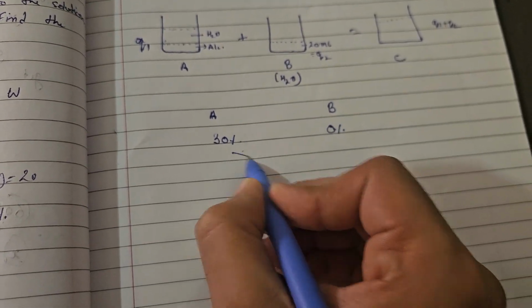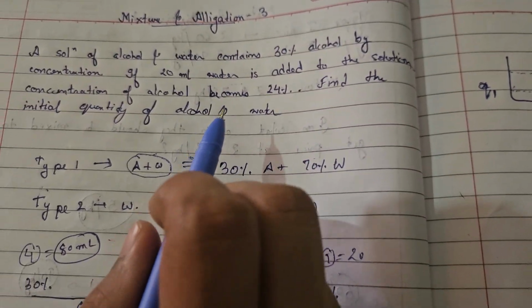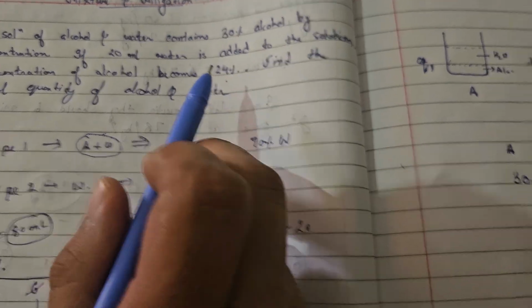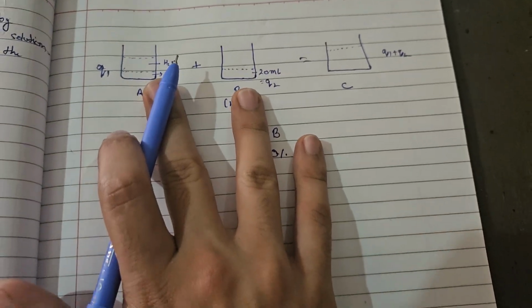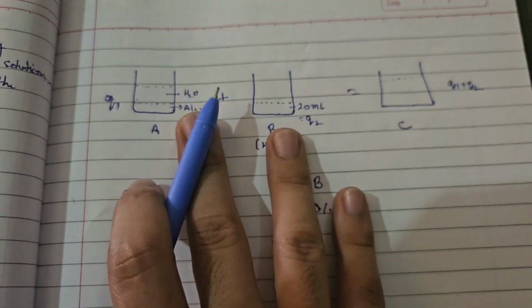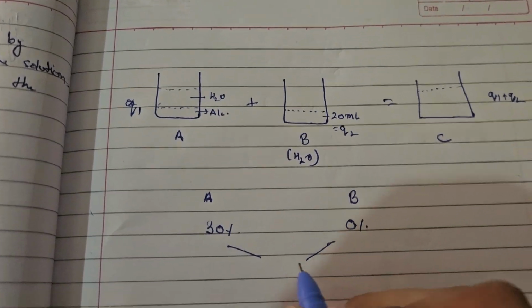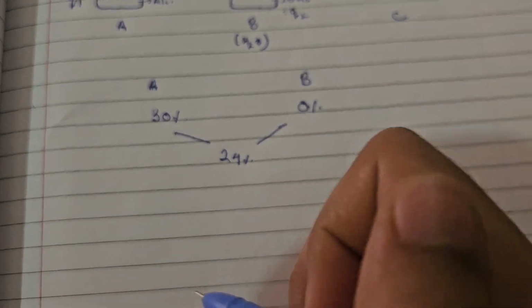Now when these two are mixed, when these two solutions are added, the alcohol concentration becomes 24%, right? So as I mentioned, when we are mixing these two solutions, the concentration of alcohol will reduce, and that has reduced from 30% to 24%, right? So the mixture has 24% alcohol, right?